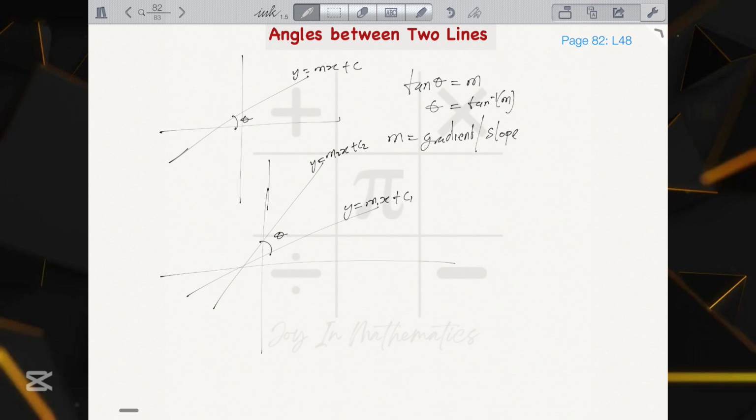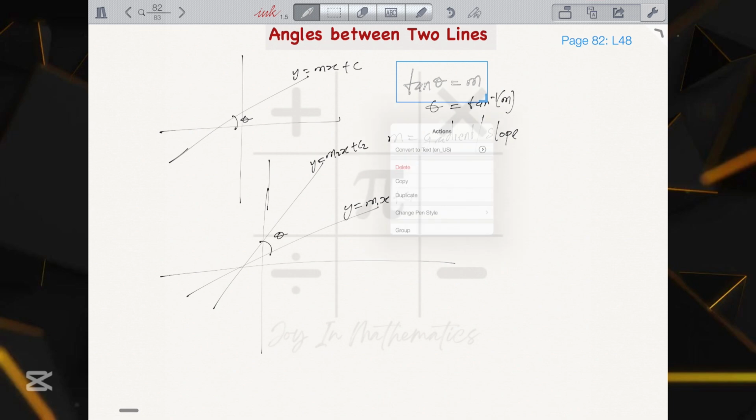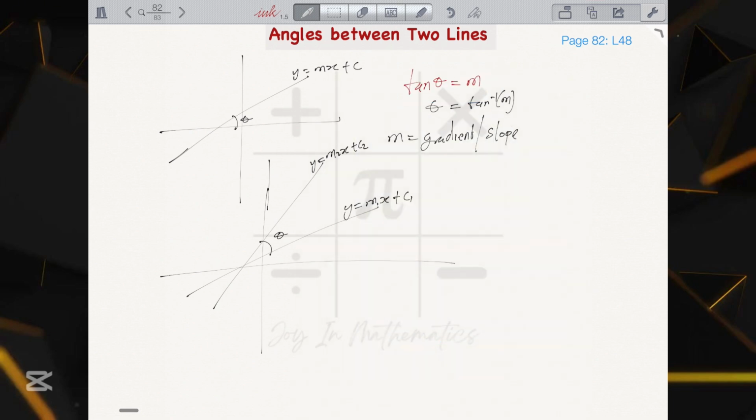Now, in this case, we'll be using tan theta equals the modulus of m2 minus m1 divided by 1 plus m1 m2.